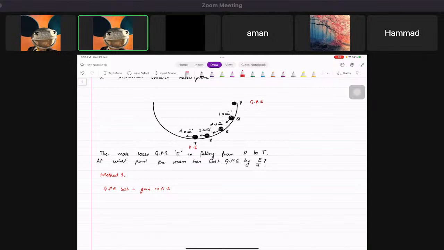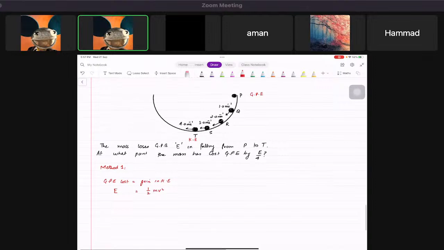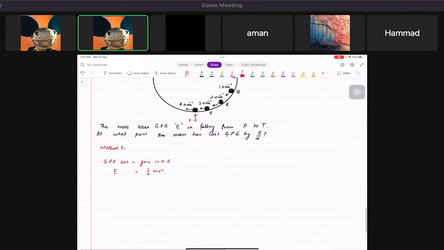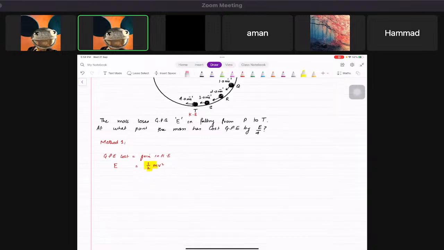So the gravitational potential energy E is there, and it was half mv square. Now what you need to do is look at the constants. The constant values throughout these equations are going to be half and m. So can I write this as E will depend on v square only, because the speed changes and so the energy, right?